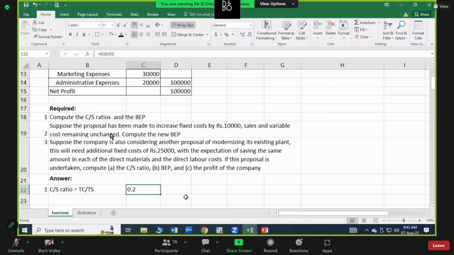Then the break-even point, BEP in rupees.